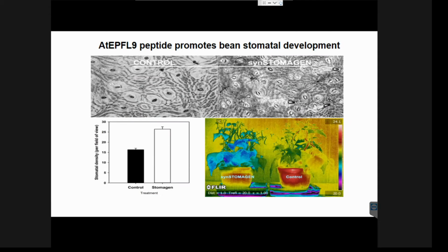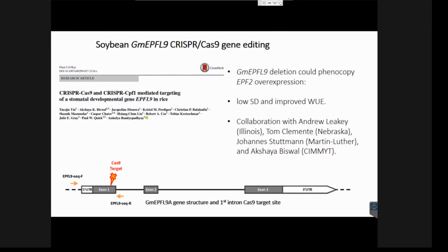Now, if you use the synthetic peptide, we can get fairly interesting results by synthetic stomagen application to the pod or to the leaf, and you get increases in stomatal density as you'd expect from Arabidopsis. And if you apply synthetic stomagen to the bean, you have increases in water use because you have way too many stomata. But that's not what we want to do.